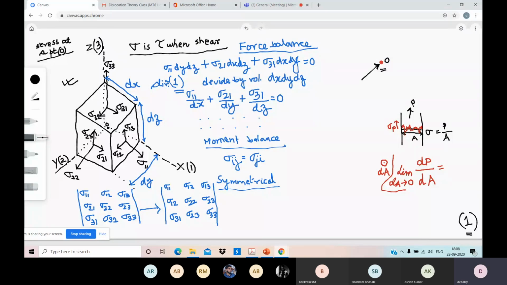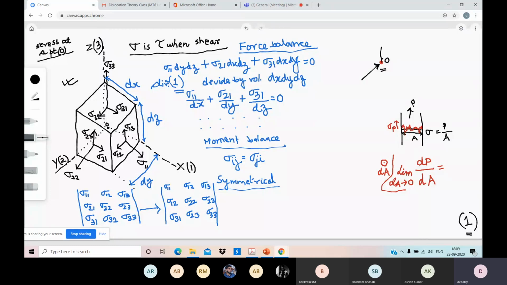And how much stress that is acting at the point O can be represented in terms of stress components. So you can divide the stress at the point into stress components.